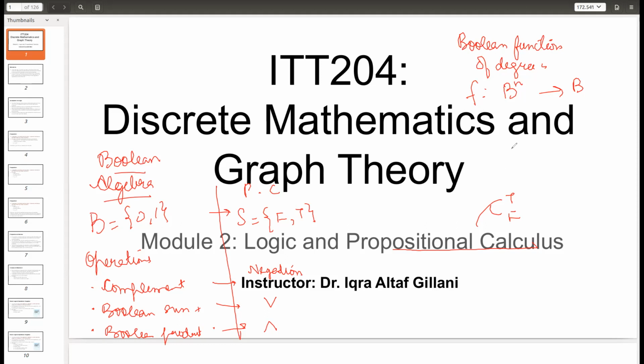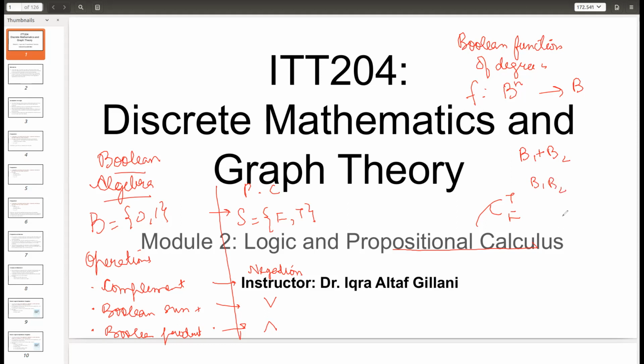If we have primitive Boolean expressions, say b1 and b2, by expressions I mean a combination of the values 0, 1 by applying some Boolean operations to it. And if we combine the Boolean expressions, say by a Boolean sum or a Boolean product, the result is also a Boolean expression.